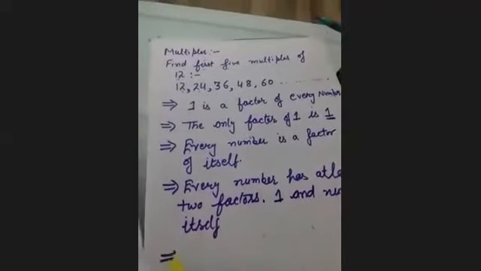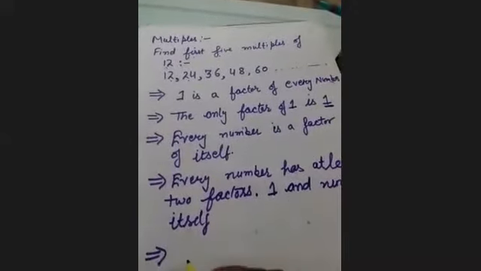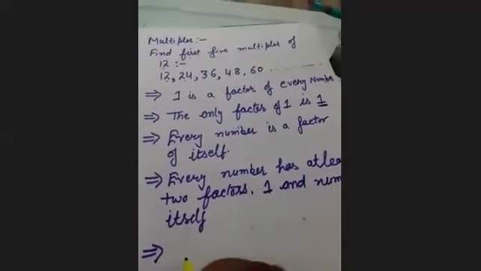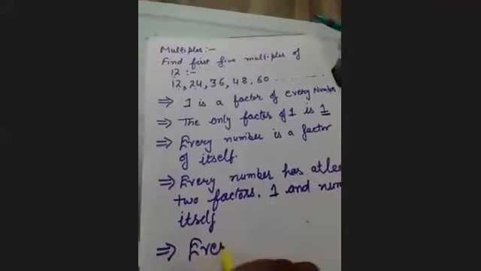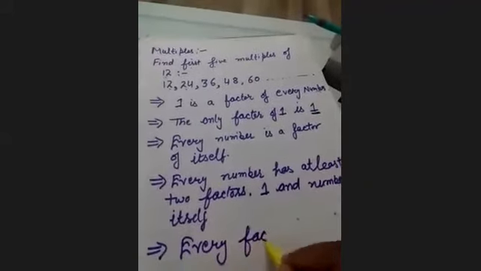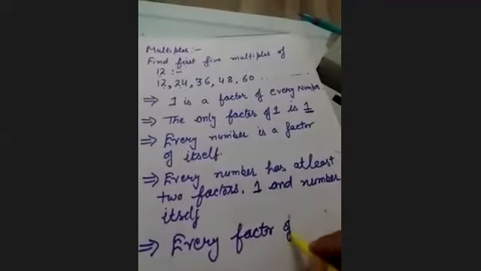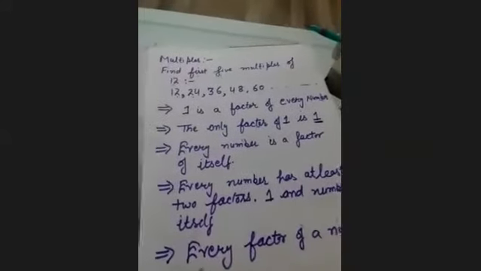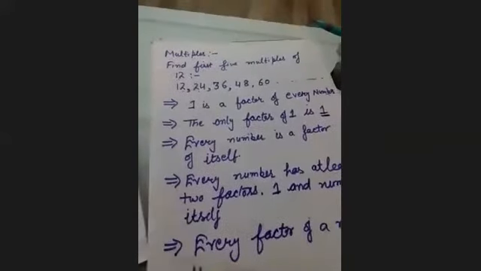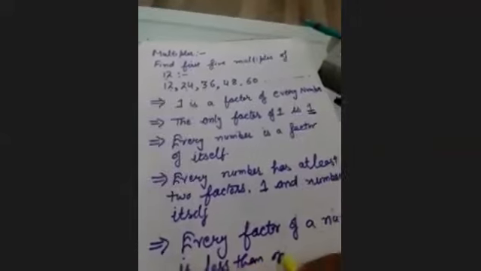Next is the last point. Every factor of a number is less than or equal to that number.